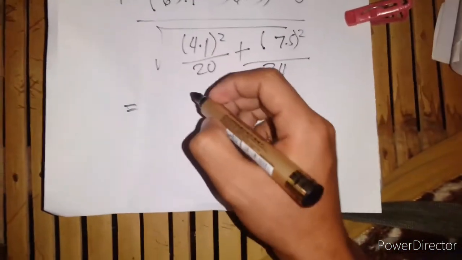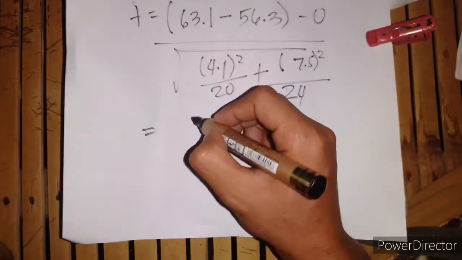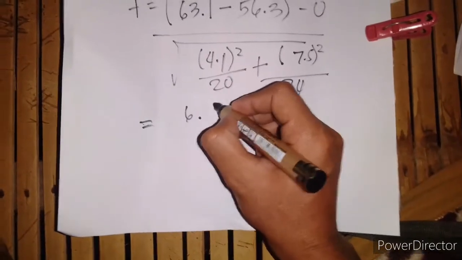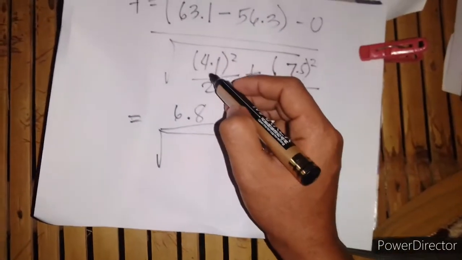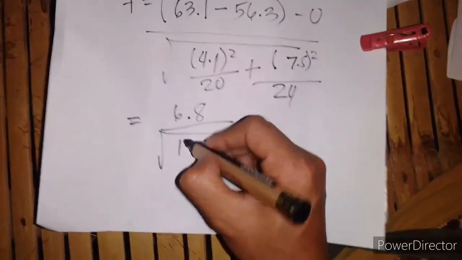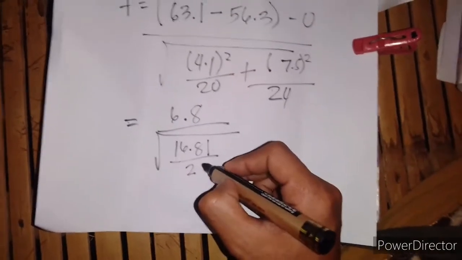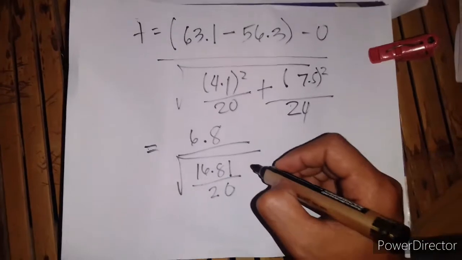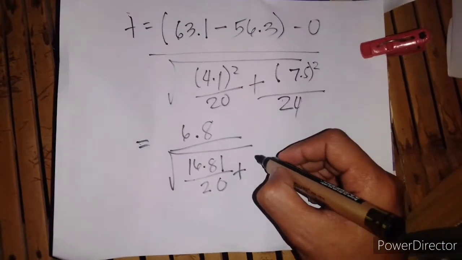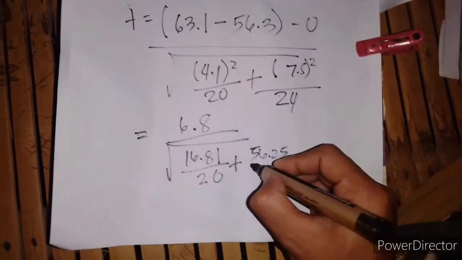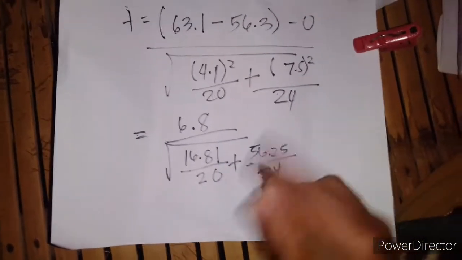Then 63.1 minus 56.3 equals 6.8, divided by the square root of 4.1 squared, which is 16.81, divided by the first sample size 20, plus 7.5 squared, which is 56.25, divided by the second sample size 24.